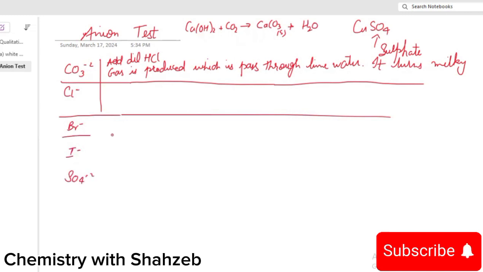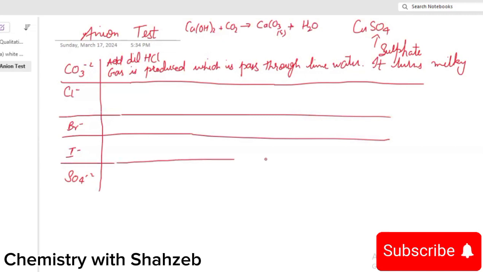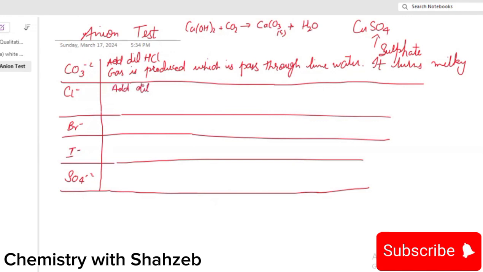I'm going to put them together as they have almost the same test, with a difference in the color of the precipitates formed. So for the sulfate ion, SO4 2-, and chloride ion, first we add dilute nitric acid, then add silver nitrate solution. So what happens because of that?